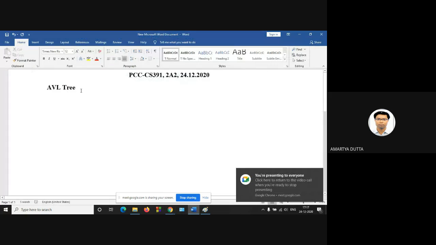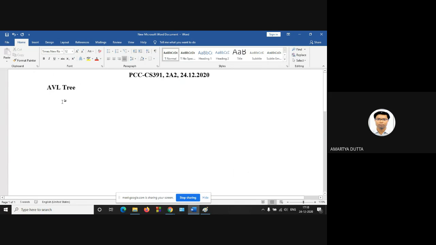Well, an AVL tree is a height balanced binary search tree. So first of all, its first point is that it is height balanced. What is the balance factor?